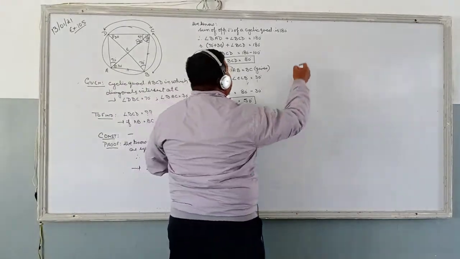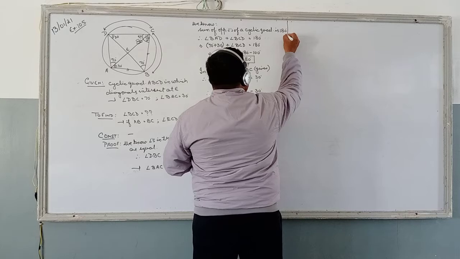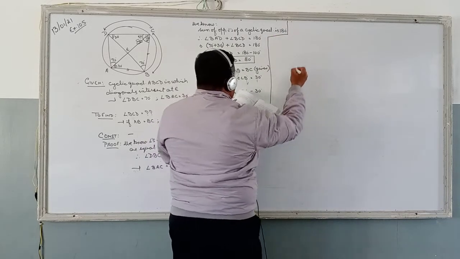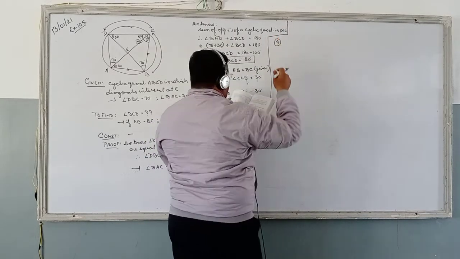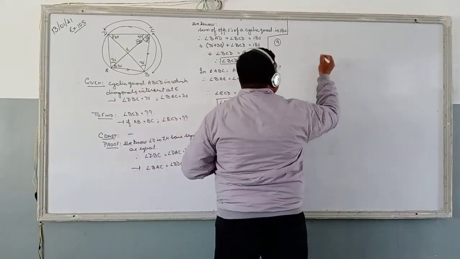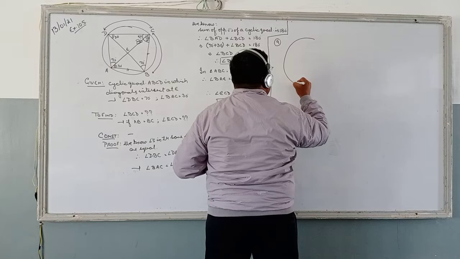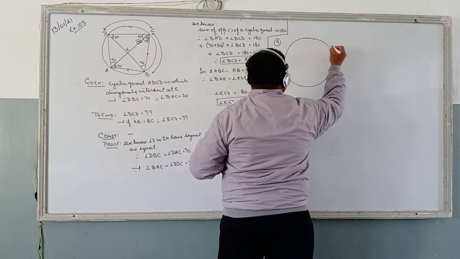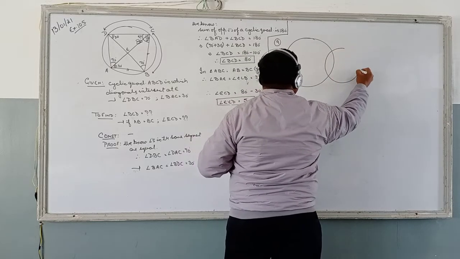Take a look at this question number 9. What does he say? He says the two circles intersect at two points B and C. This figure seems complicated, so let me draw. This is one circle. This is another circle.